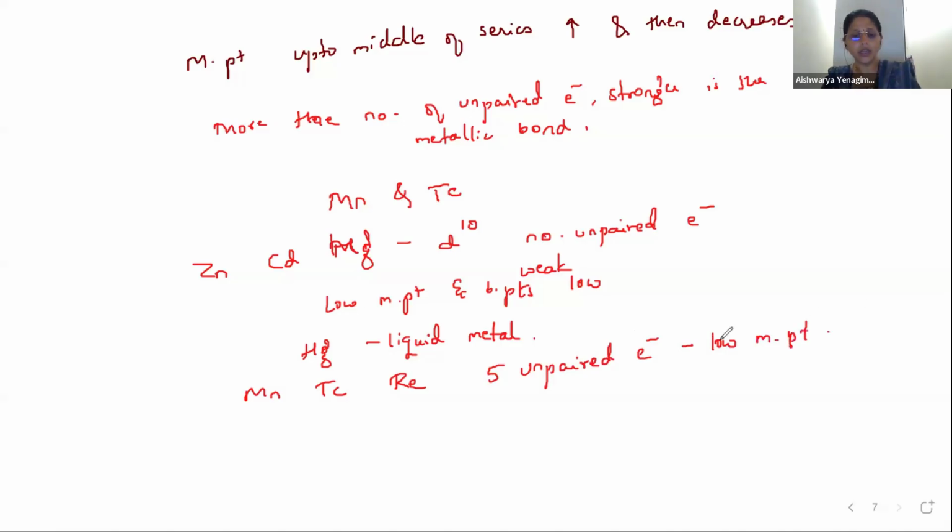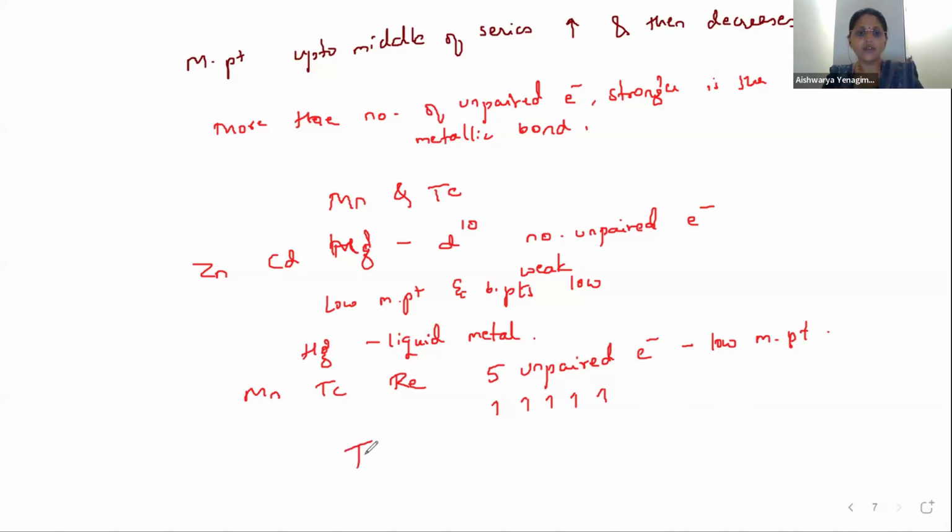This dip in the melting point can be explained by their stable configuration. Since their half-filled configuration is stable, the nucleus will hold the electrons tightly, so there is less delocalization of electrons and the metallic bond is much weaker.